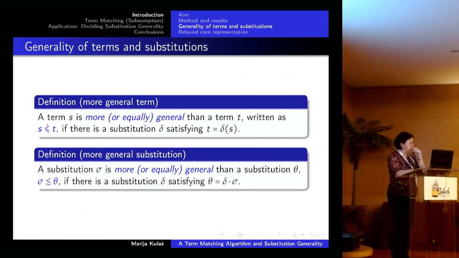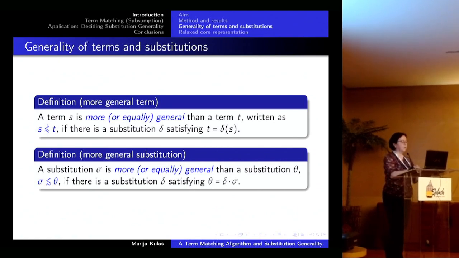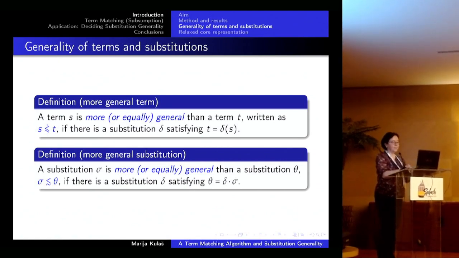Observe that I'm not using the same symbol for both, and I would be advising against such a thing because they're not really analogous, because in case of terms, we are applying this mediating substitution on the more general object, but in case of substitutions, we are composing it with the more general object, and that's not the same.